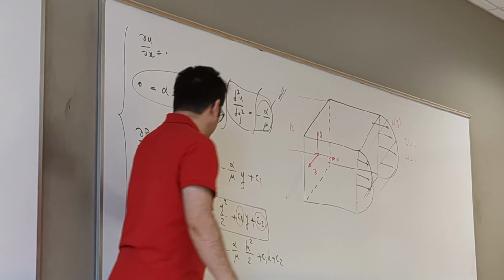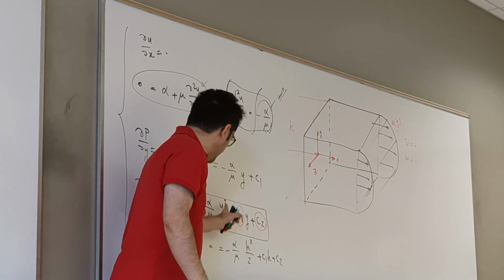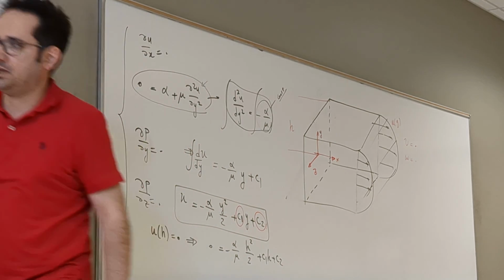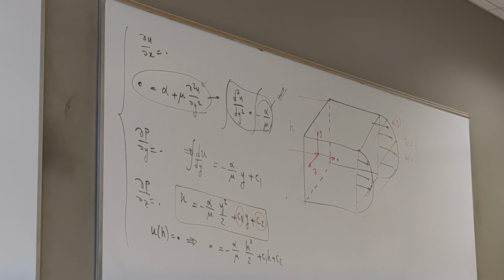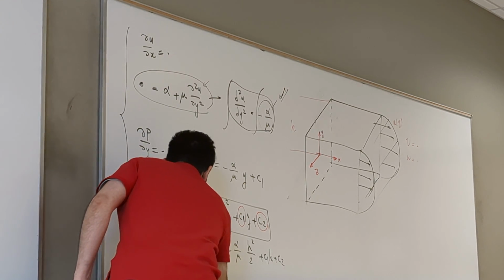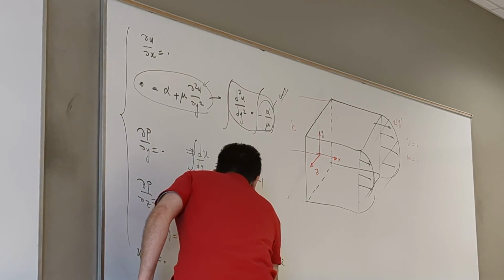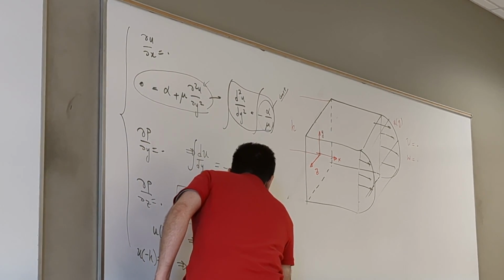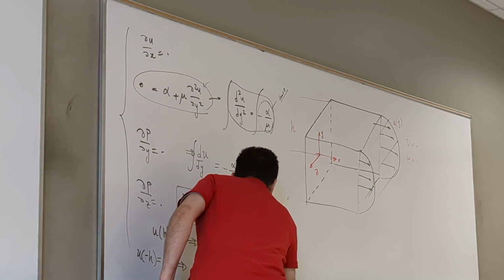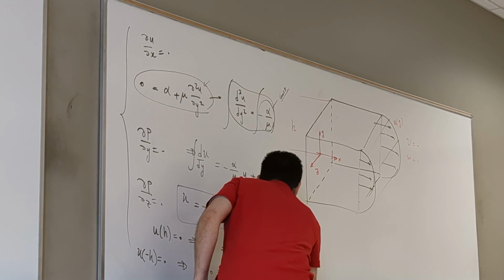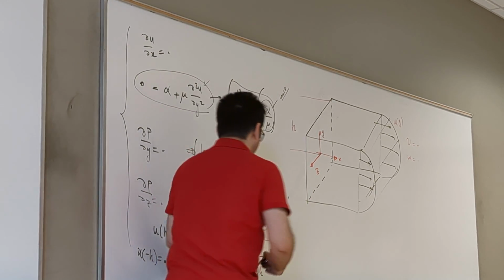That's the first boundary condition: the velocity at the top, at positive h, is 0. Now put in negative h. u at negative h must be 0. What do you get? 0 is equal to negative alpha over mu, h squared over 2, just like above. But this one, we get negative c1 times h, minus c1 h, plus c2.